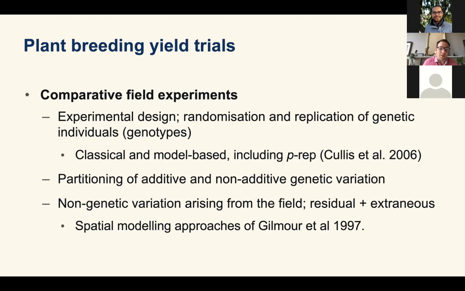And again, I'm mentioning another Australian paper. There's a bit of a common theme here, but nonetheless, a lot of the spatial modeling approaches that I advocate and that are used widely are based on the Gilmour, Arthur's paper in 1997.